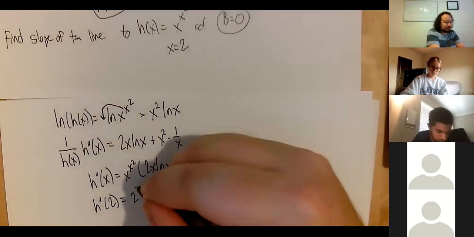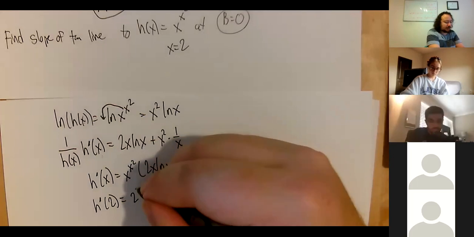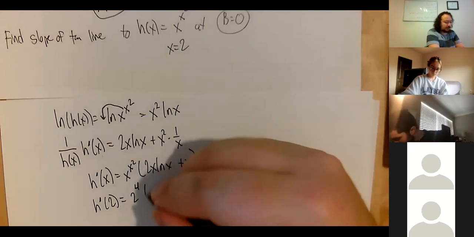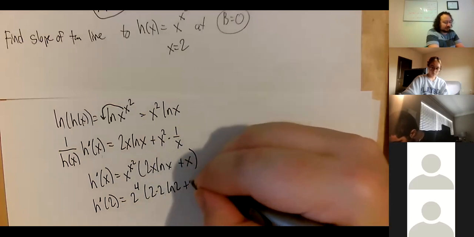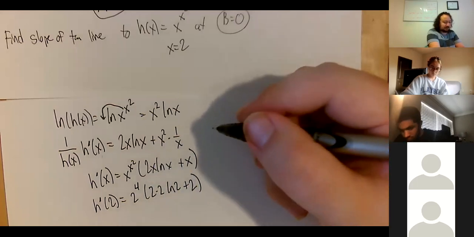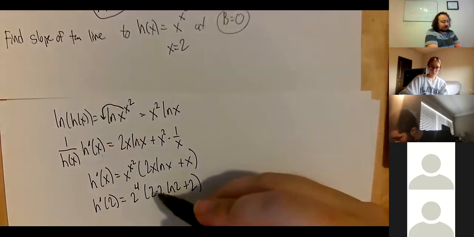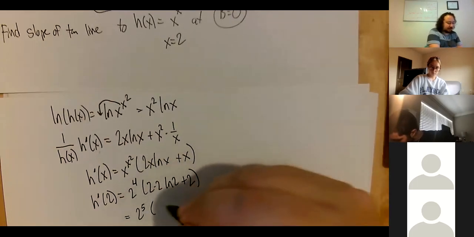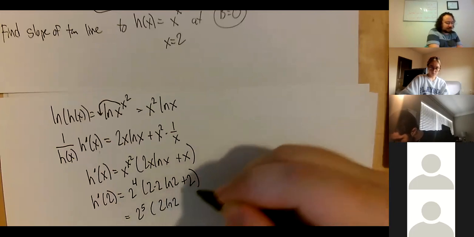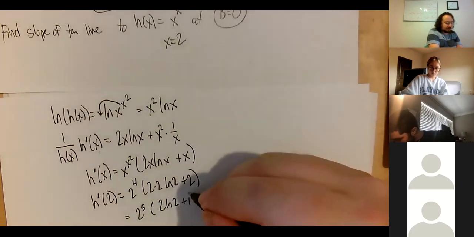Okay, so this will be 2 to the 2 squared, which is actually 2 to the 4th. And then we have 2 times ln of 2 plus 2. So lots of 2's everywhere. And we could factor out a 2 from all of this. So we have 2 to the 5th times 2 ln of 2 plus 1.